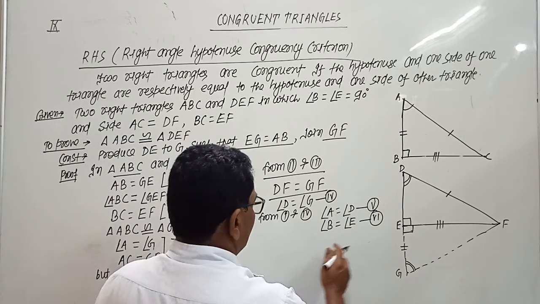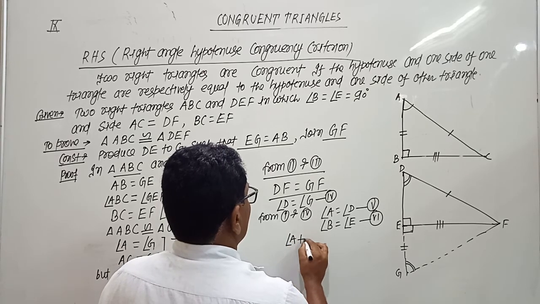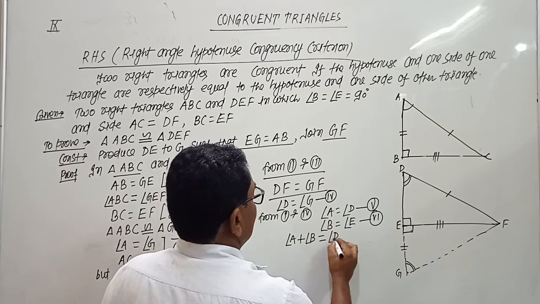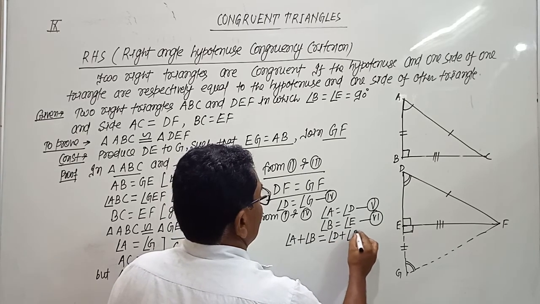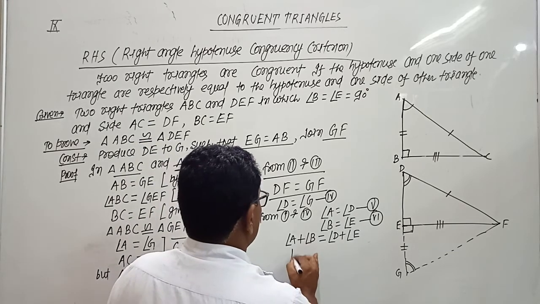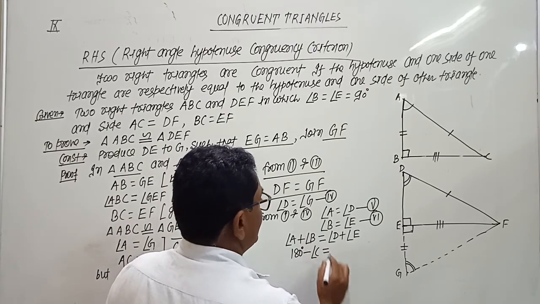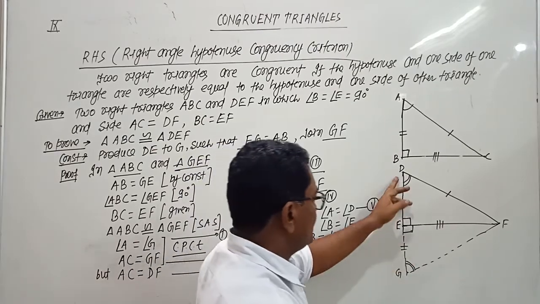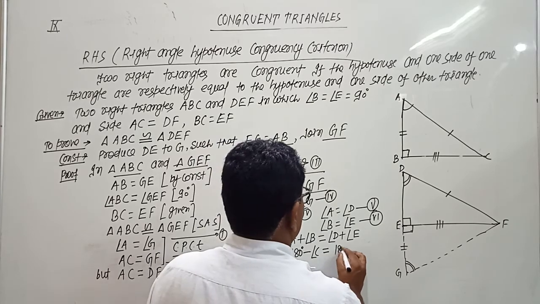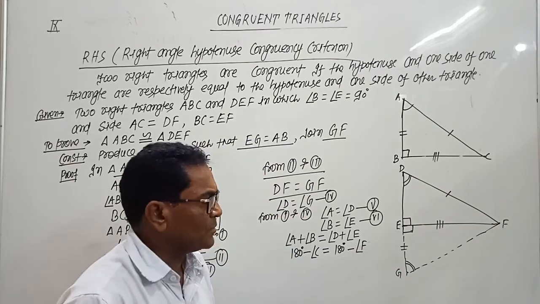Adding the fifth and sixth, we get angle A plus angle B equals angle D plus angle E. Angle A plus angle B is written as 180 degrees minus angle C, and angle D plus angle E is written as 180 degrees minus angle F by the angle sum property.